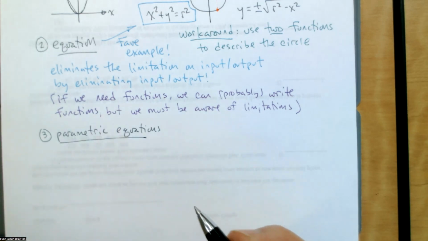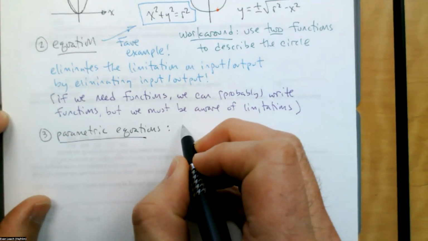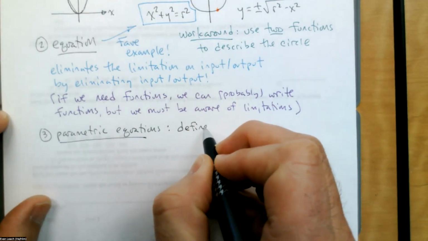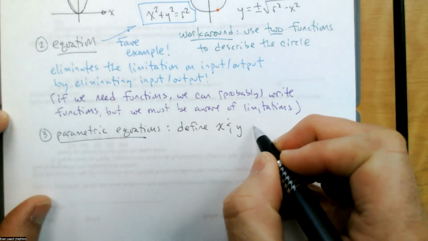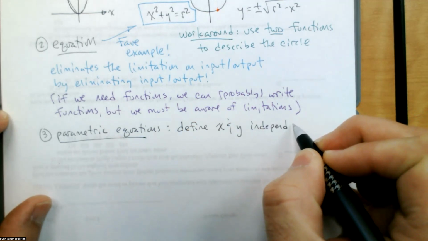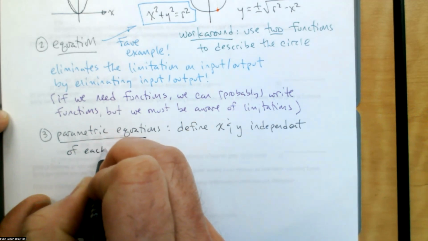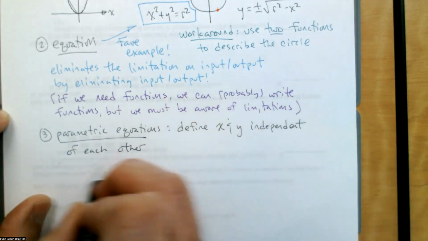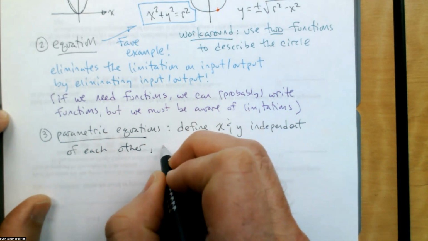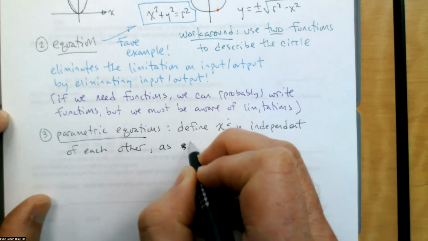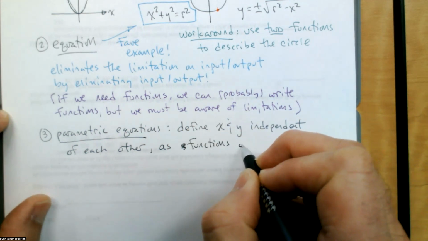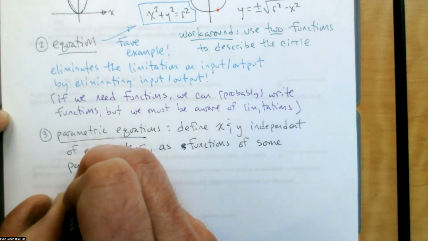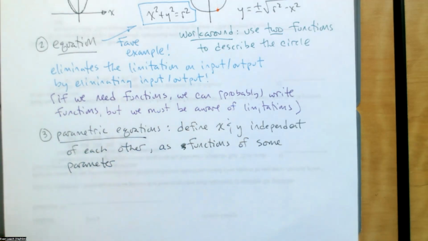So we skip the relationship between x and y, we define x and y independently of each other, as functions of some parameter, and this parameter sits outside of the space, outside of x and y. It's not a coordinate, it's just some parameter.